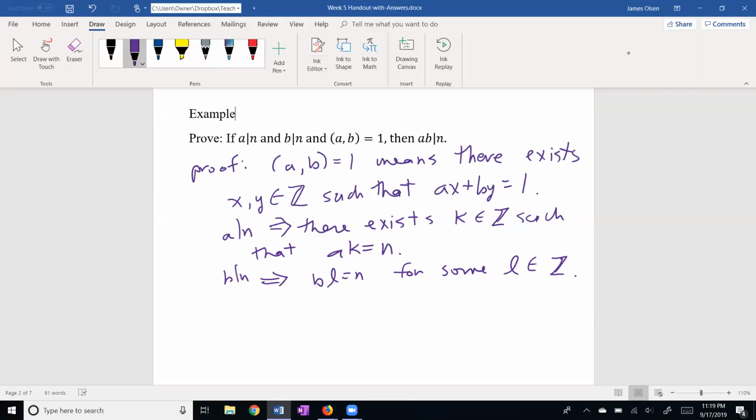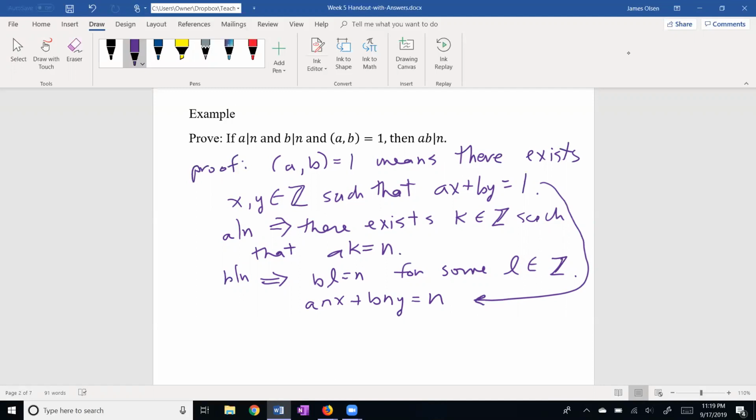So I'm going to take my equation up here, I'm going to go ahead and use an arrow here, and I'm going to multiply through by N. ANX plus BNY is equal to N. I've multiplied through by N, using the multiplication property of equality.